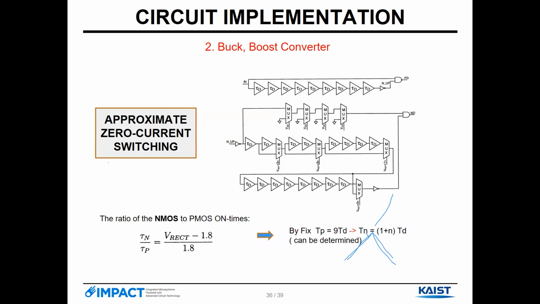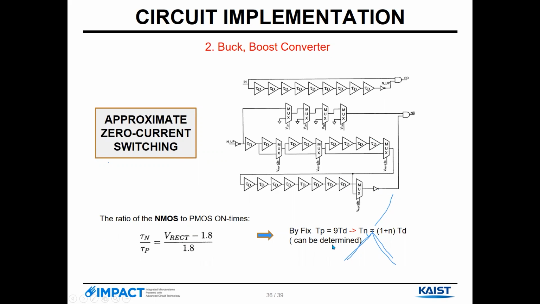It is approximately zero current switching. We use this because before we turn on the NMOS, we need to turn off the PMOS, and before we turn on the PMOS, we need to turn off the NMOS. So we need to detect zero crossing. After ramp up and ramp down, we need to have a delay. The ratio of the N mode and P mode on time is given by this equation.